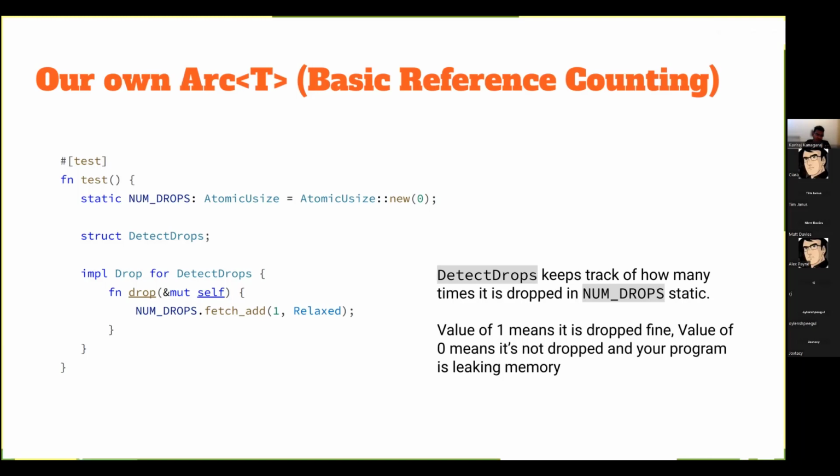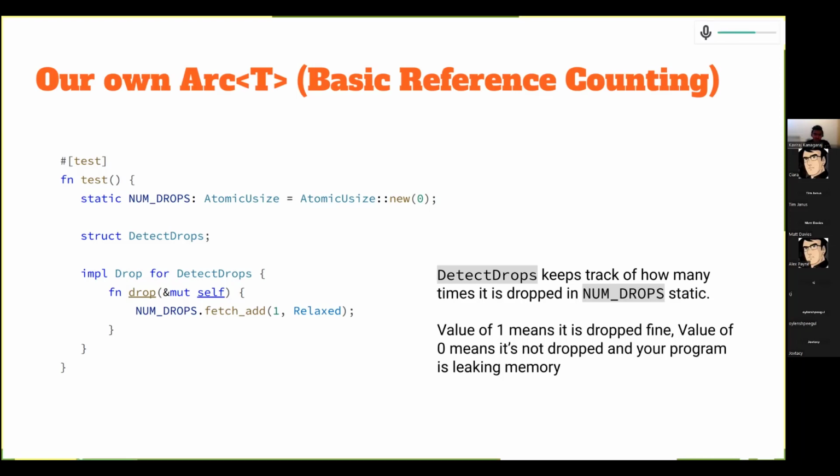It shouldn't be dropped while any one Arc clone is alive, right? For that, we build this type called DetectDrops, which has its own drop method. Whenever this drop is called, we increment the NUM_DROPS static variable to track whether this particular data structure, DetectDrops, has really been dropped.